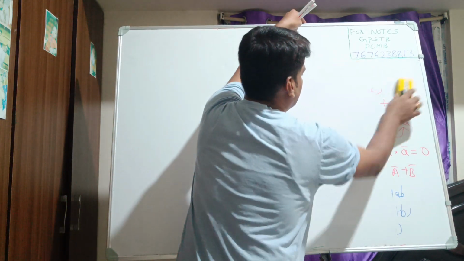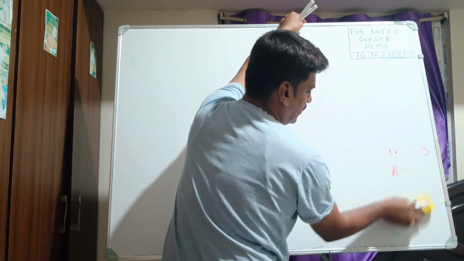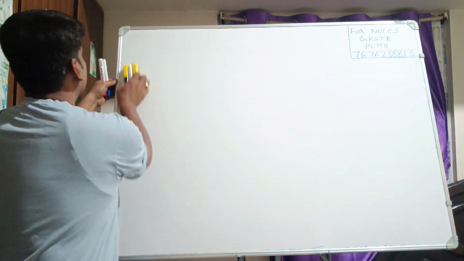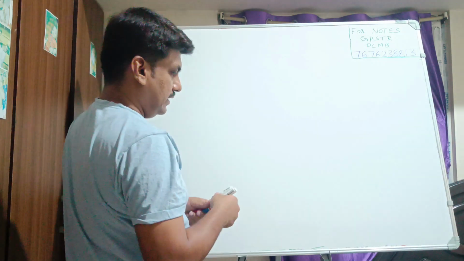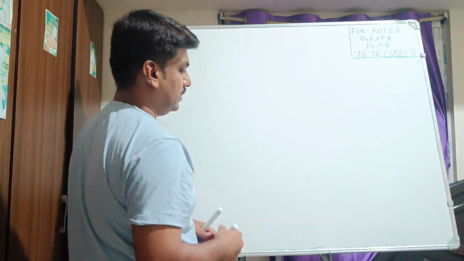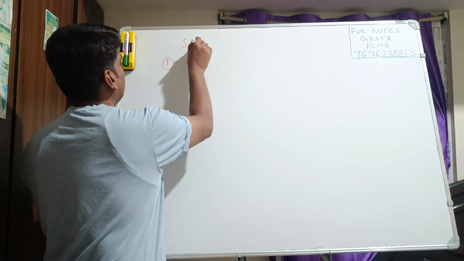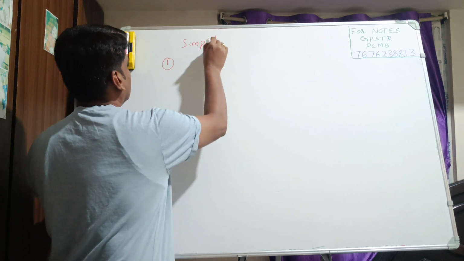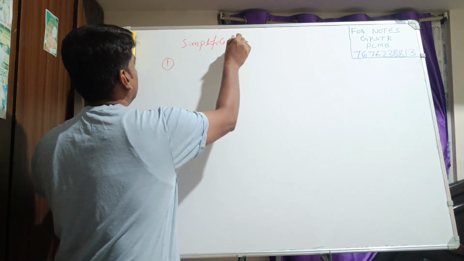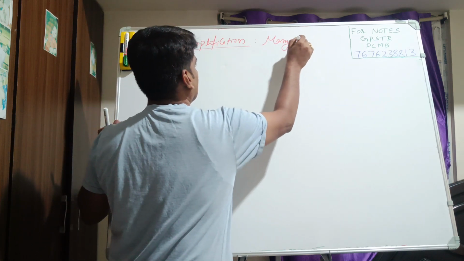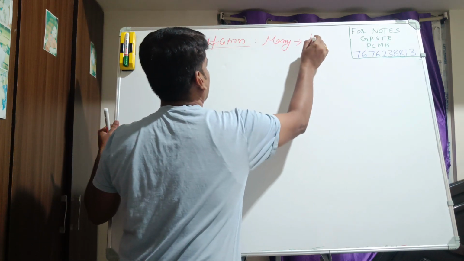It's very interesting. If you understand these laws, then we can solve any number of variables. So first one, we can call it simplification. What is the meaning of simplification? We go from many variables to a smaller number of variables.